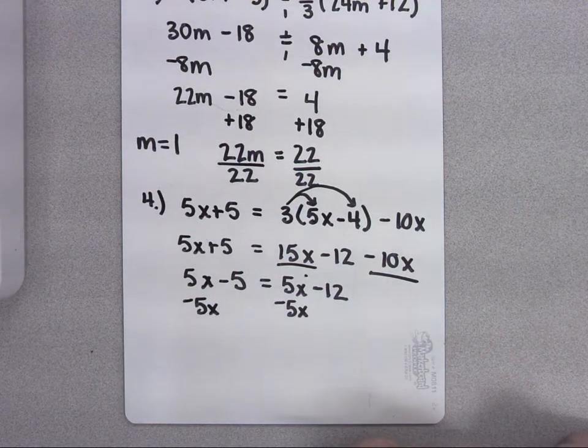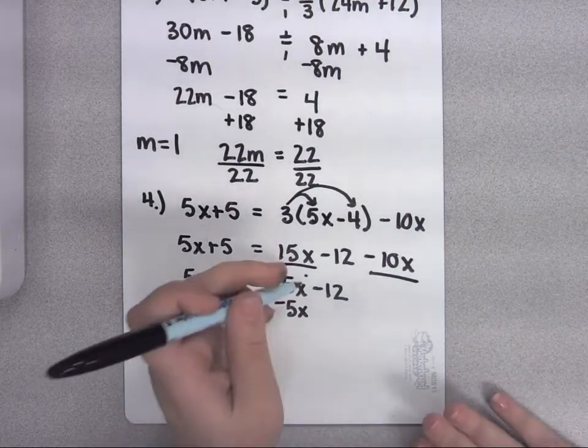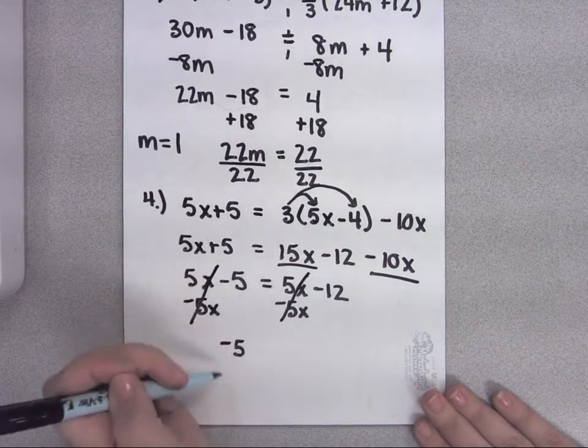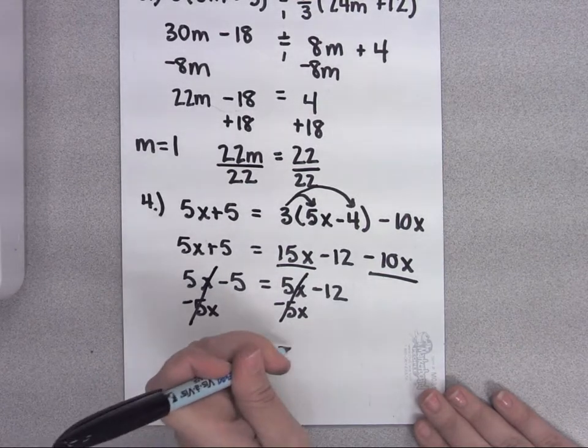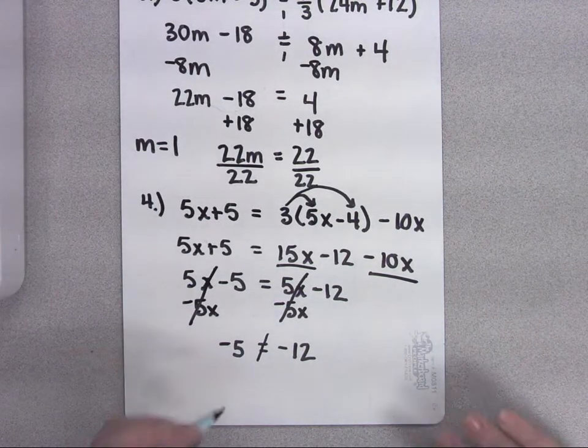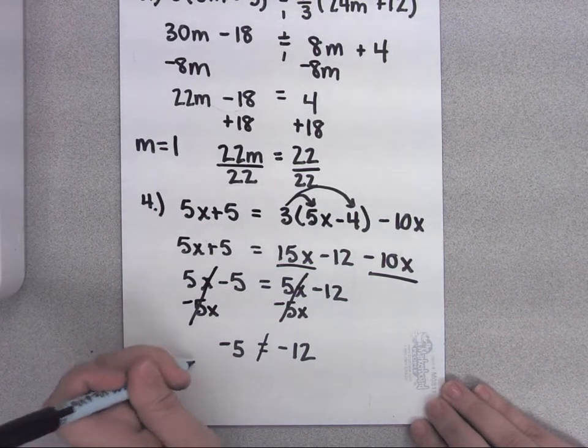If I have five donkeys and I take them away, how many do I have left? 0. So that's gone, and that's gone. What do you have left? Negative 5 on this side equals negative 12. Is this true? No. If this is not true, you put the diagonal line through it, the anti-bullying sign. It is no solution.